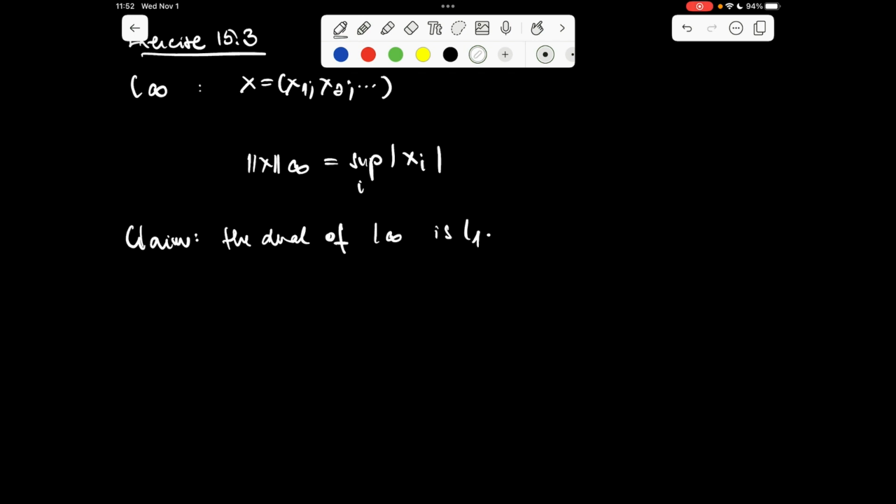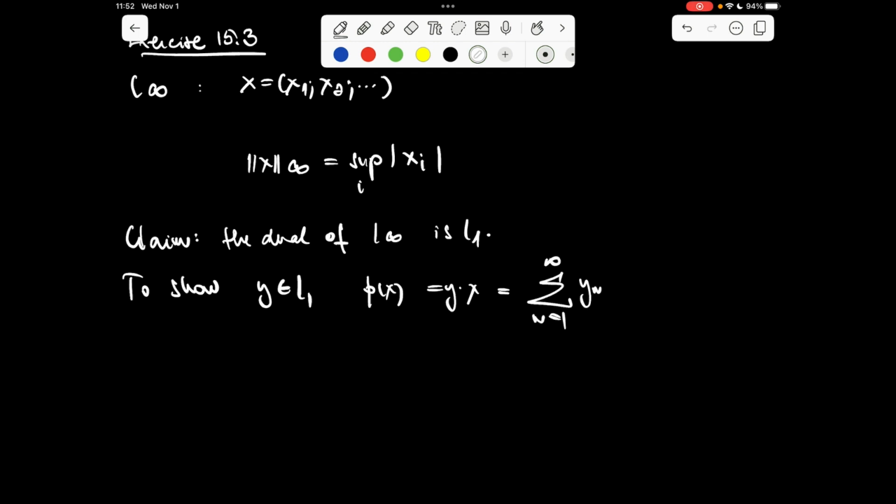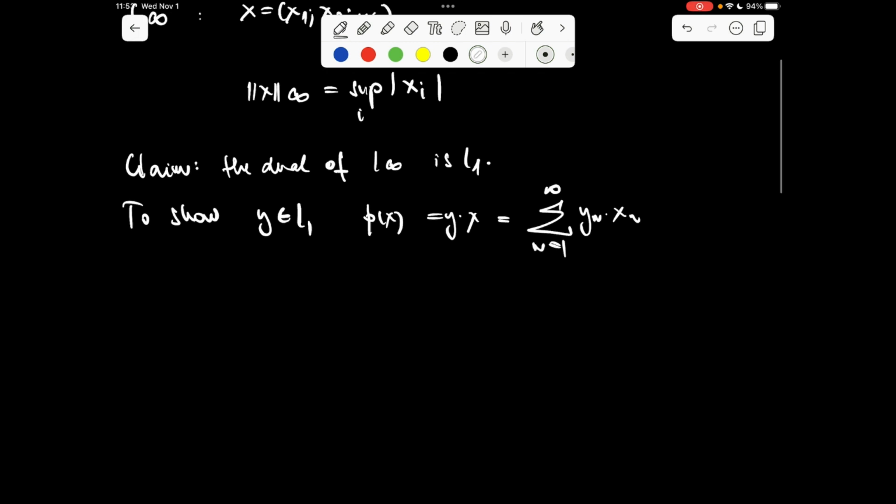We need to show that any linear functional in L1 is a continuous linear functional which can be represented with the following inner product, which means we have an inner product representation, which means this linear functional can be interpreted as a price system.